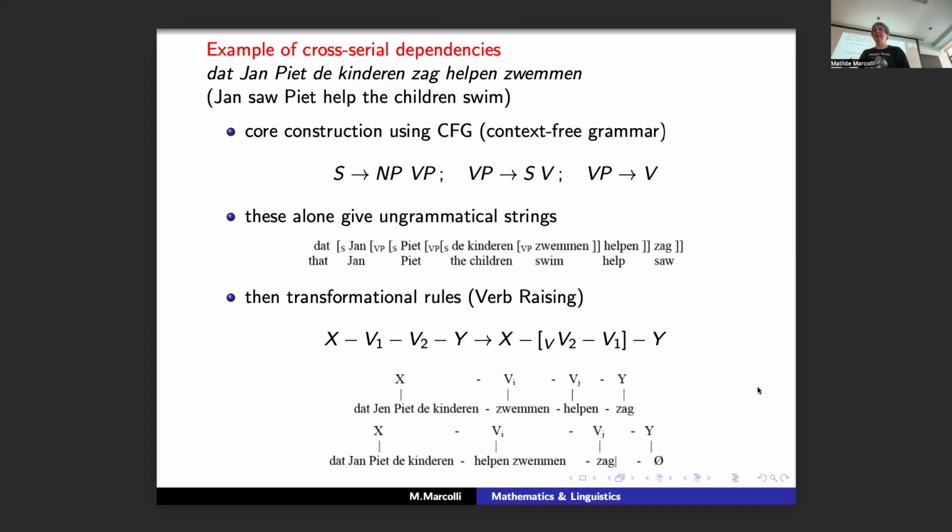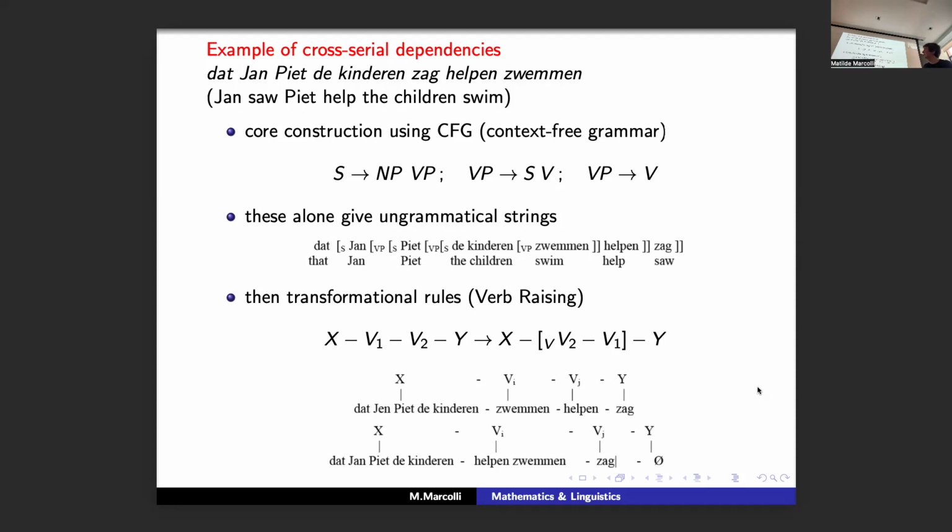So, for example, coming back to our favorite language for counterexamples, if you want to capture these Dutch cross-serial dependencies: in English you will have something like saw, help, swim. But in a language like Dutch, where you have this cross-serial dependence, you will have all the nouns coming up first and all the verbs coming up after, in this crossed form.